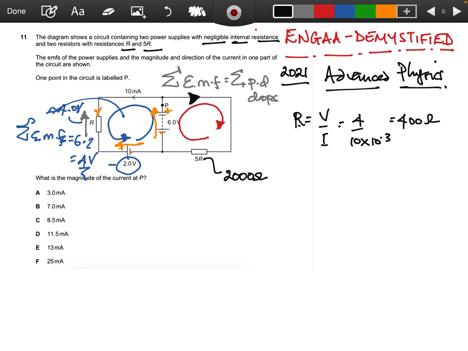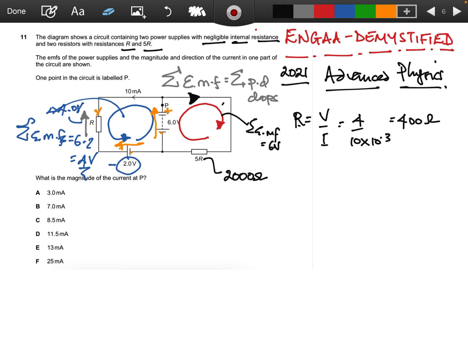The sum of the EMFs in this case is simply 6 volts. There's no other opposing battery or cell to reduce or enhance that, so to speak. So 6 volts must be across that, with a PD drop across 5R.